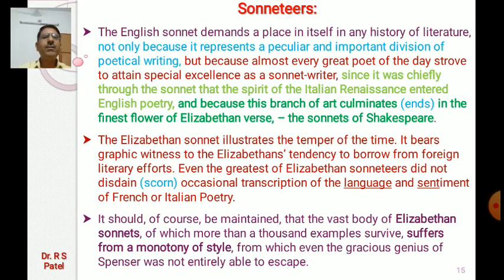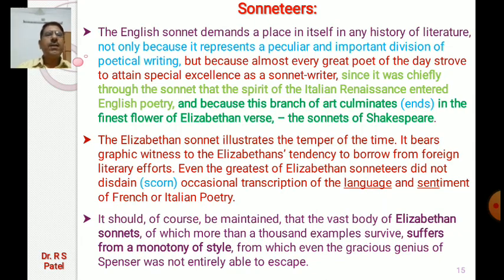Now, after understanding or talking about the sonnets written by Sidney, Spenser and William Shakespeare, let us try to summarize them.